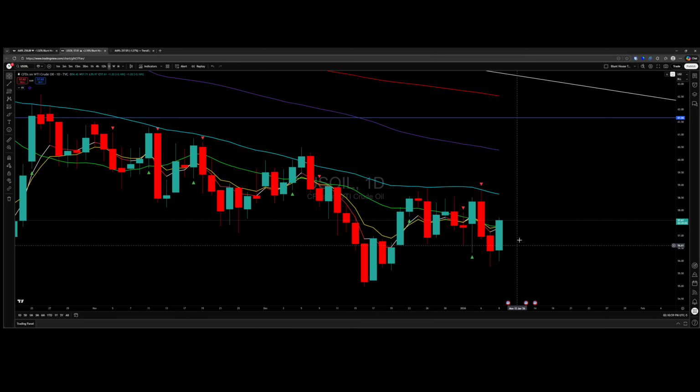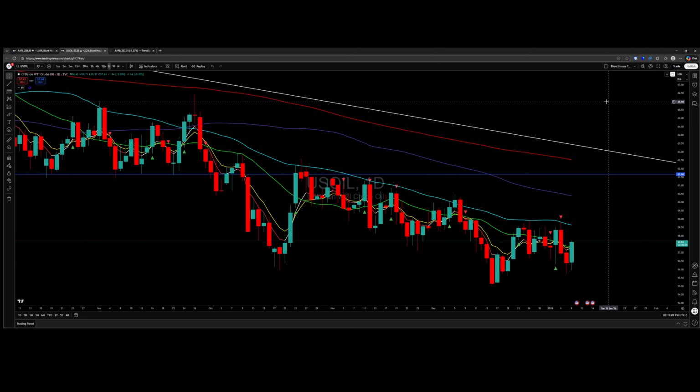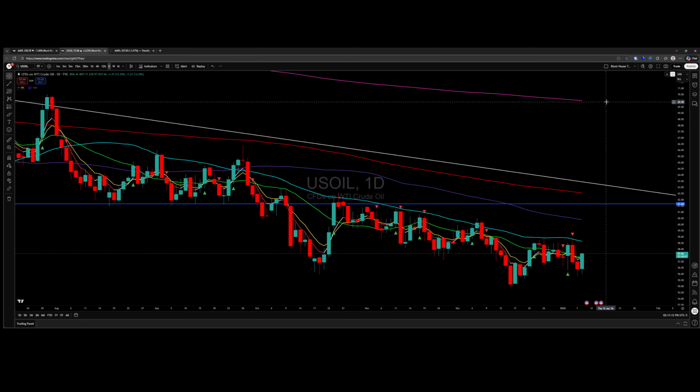Maybe you won't need it. Maybe you'll get a candle that prints a signal, and then it's just a process of up and to the right. Ultimately, that's kind of what oil traders are likely hoping for.